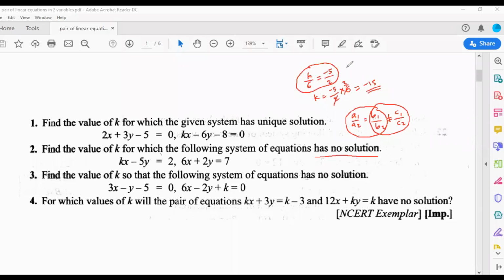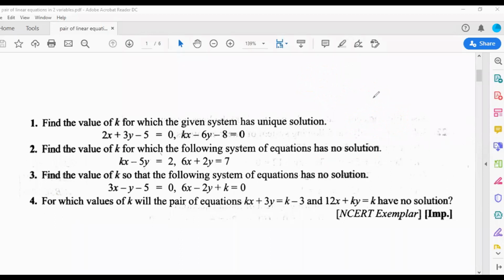Before moving to the next question, the idea in the first set of these questions is the ratios A1/A2 equal to B1/B2 equal to C1/C2. Sometimes the question is to check whether the pair of equations is consistent or inconsistent or dependent.